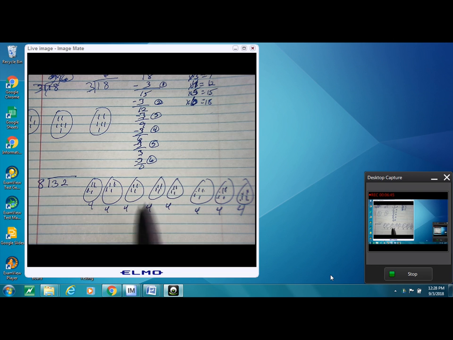How much did each group get? They all got 4. So 32 divided by 8 is 4.